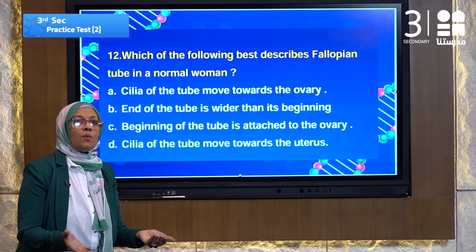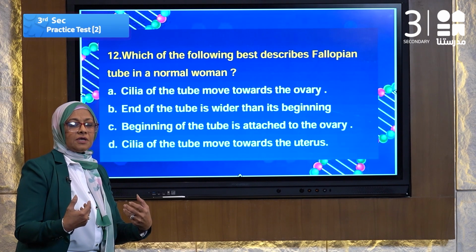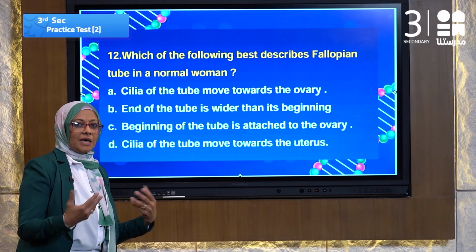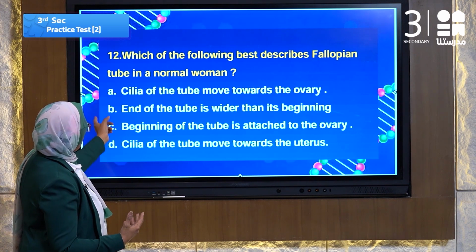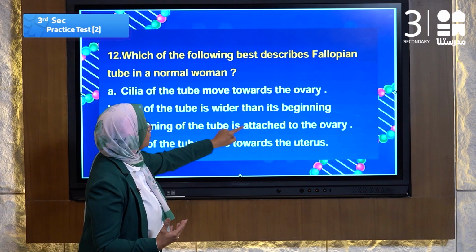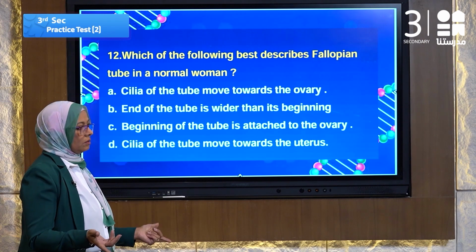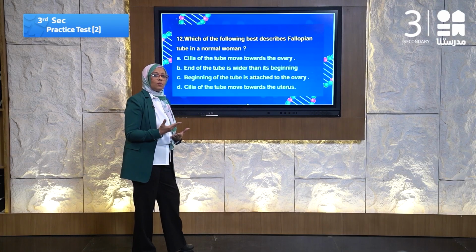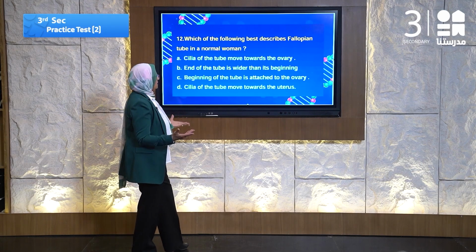It moves away from the ovary to collect the egg, the ovule, to come inside the fallopian tube. B, the end of the tube is wider than the beginning. No. The end of the tube becomes inside the uterus. It will not become wider.